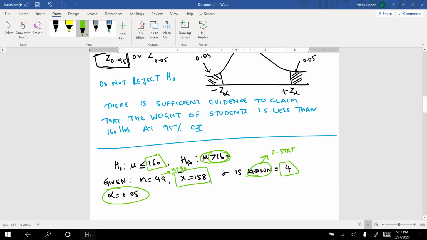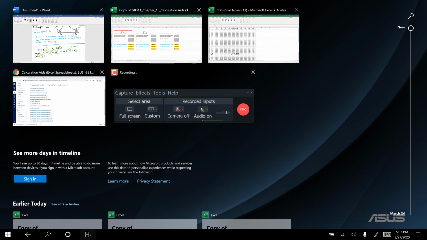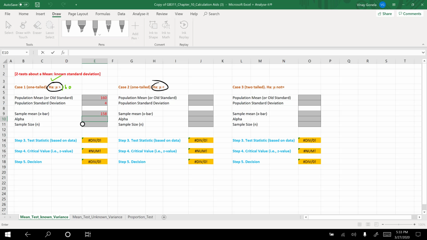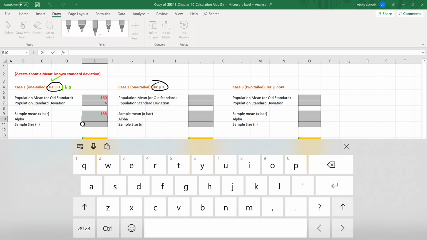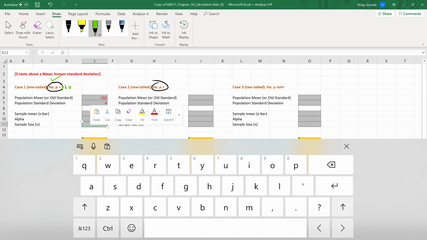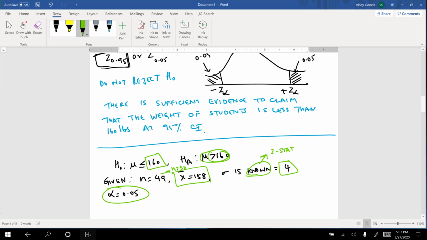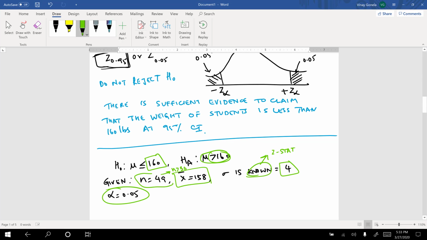Alpha is 0.05. And then the sample size is 49.